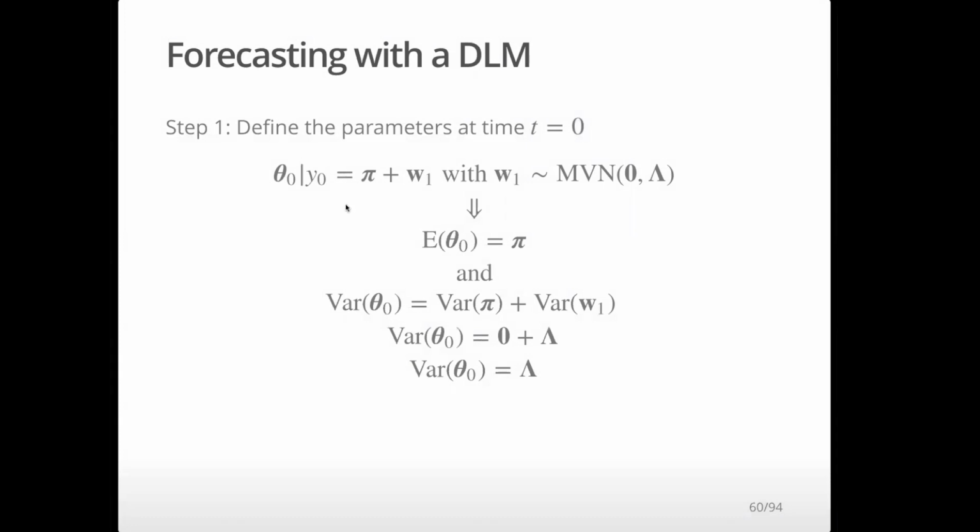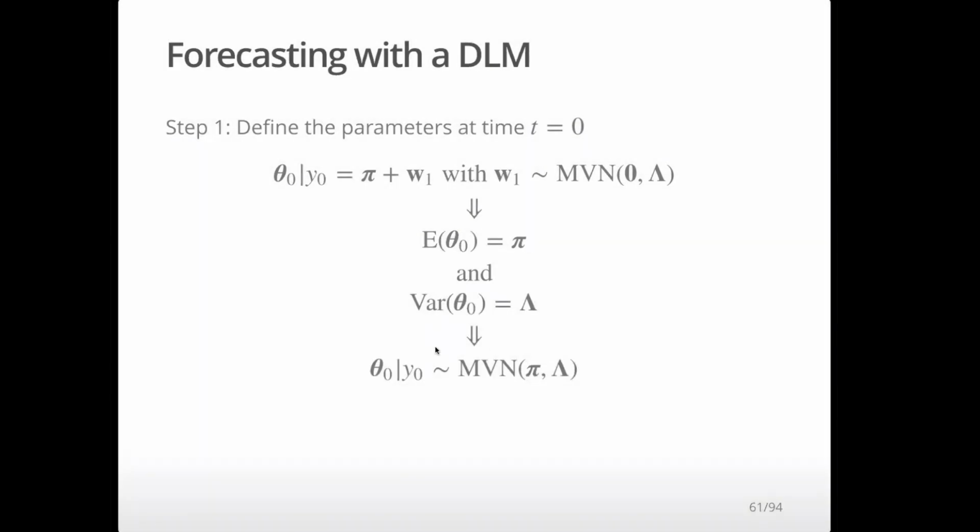The variance of the parameters is going to be the variance of pi plus the variance of the W's. Well, pi is fixed, so the variance of that is 0. And the variance of W is right here. That's just lambda. So 0 plus lambda. So the variance of the parameters is lambda, and the mean is pi.